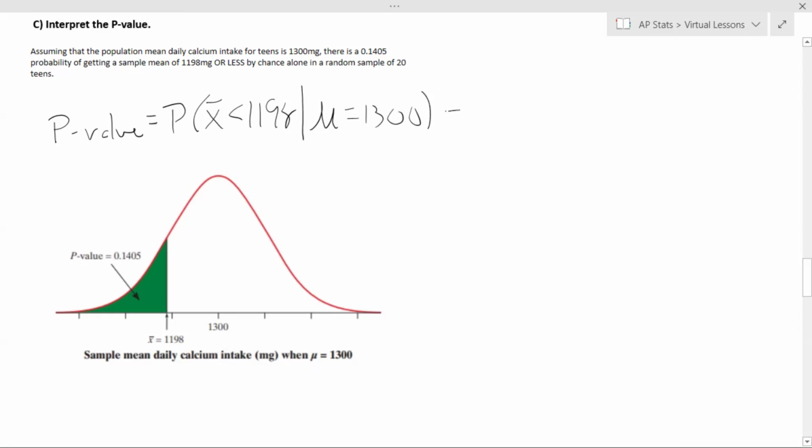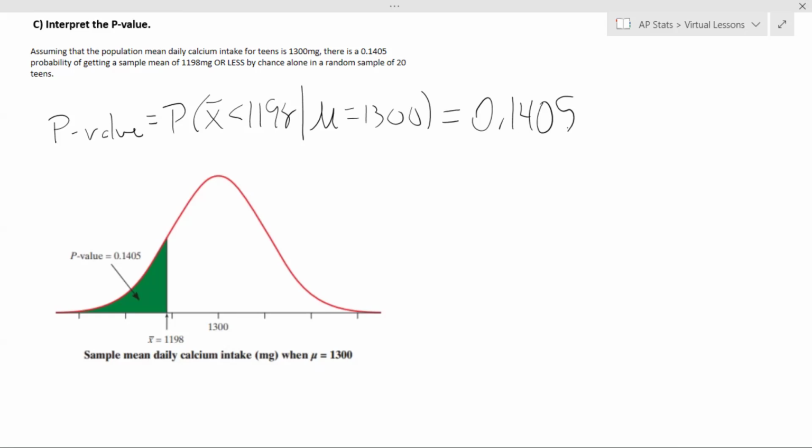Okay, so that's 0.1405. You don't really ever have to write it as a conditional probability. You don't need to remember this or anything like that. But sometimes it helps to understand the p-value as a conditional probability of getting the result that we got or more extreme given the null is true.